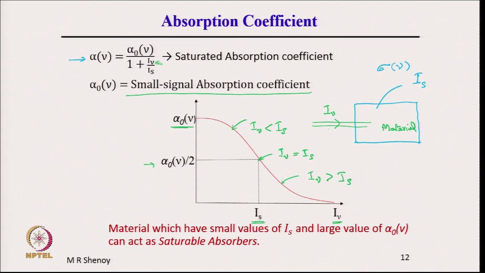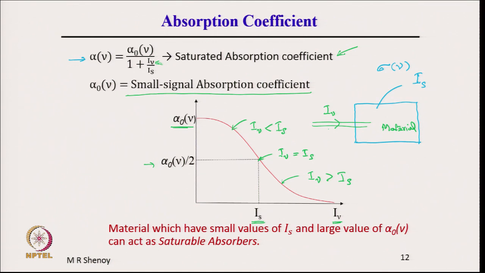And when the intensity of the radiation is very small, then we have the small signal absorption coefficient. This is important. Similarly, we will get a small signal gain coefficient, which leads to saturation. So, that is why this expression is called the saturated absorption coefficient, and alpha_0 of nu is the small signal absorption coefficient.